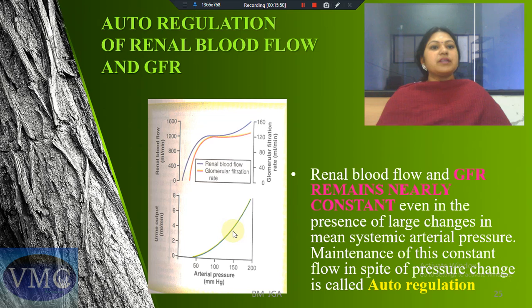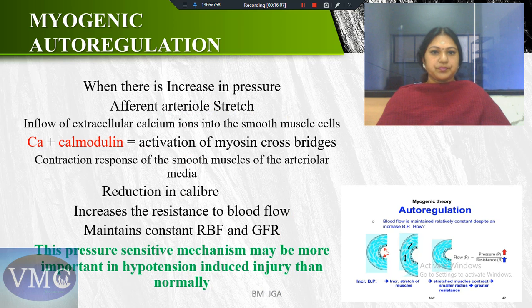This is called autoregulation. So even if the blood flow increases or decreases, there is a constant filtrate formed in your glomerulus. This is very important for the normal urine output. This is called autoregulation of renal blood flow.